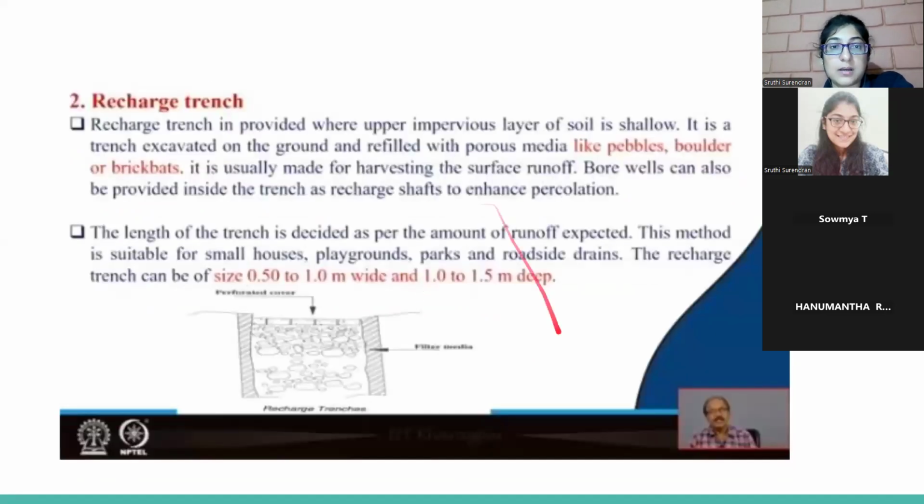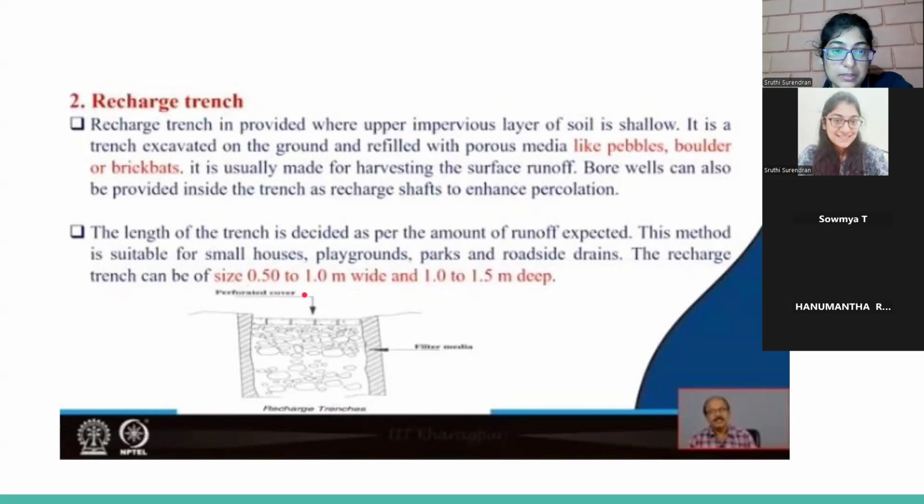Again, this is constructed in places where the upper impervious layer of the soil is shallow. There might be impervious layers towards the deep end of the soil, but that's not what we are talking about. If the soil has an impervious layer on top and that layer is only shallow, then you can construct a recharge trench in such places.